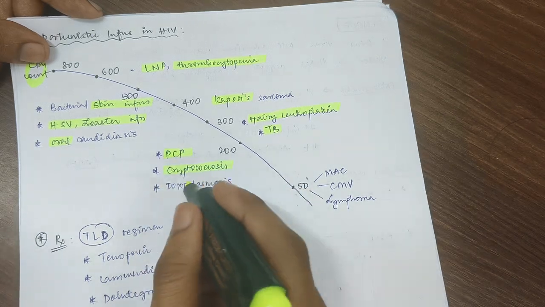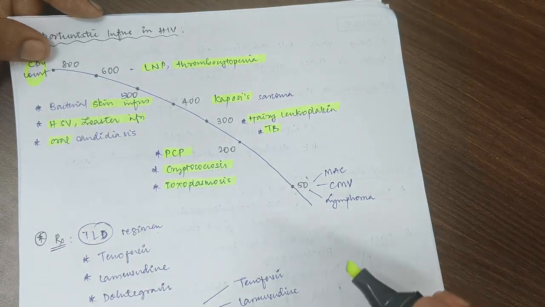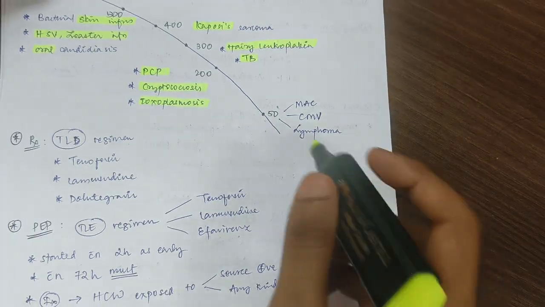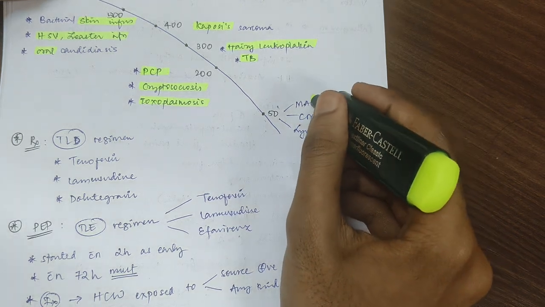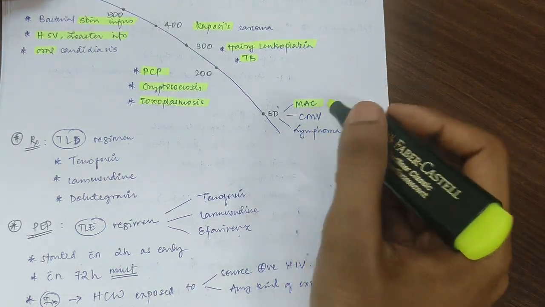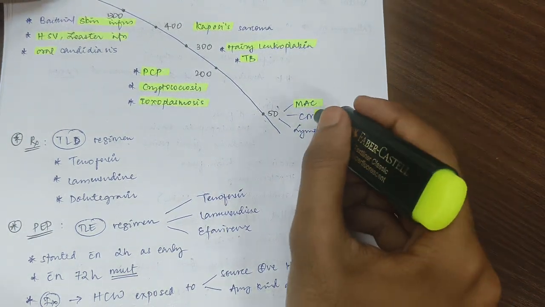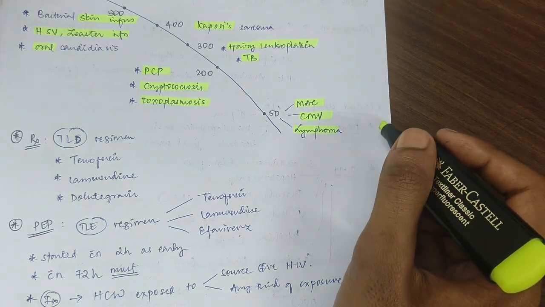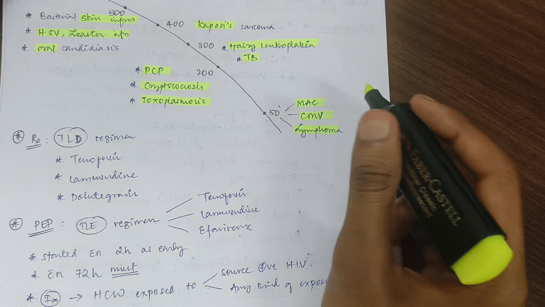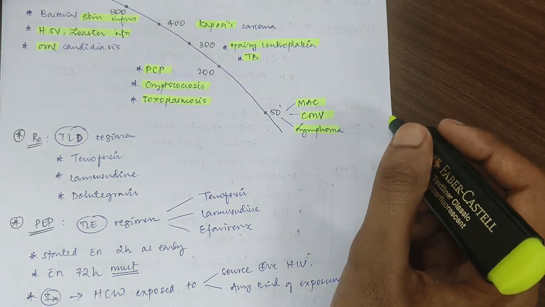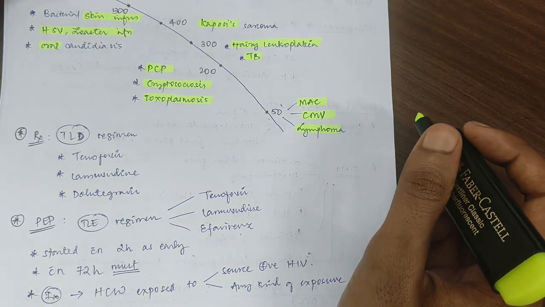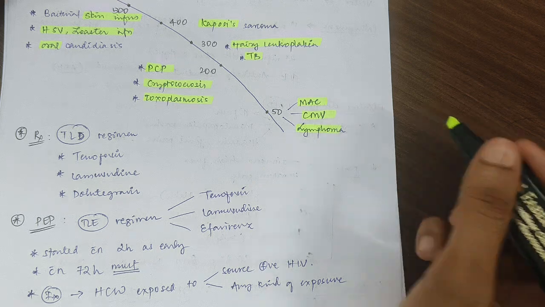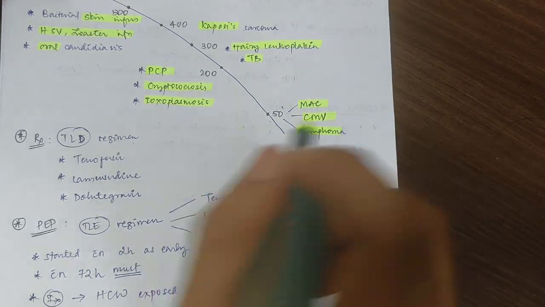Then cryptococcosis and toxoplasmosis are seen. Ultimately, at the last, that is 50, you're going to see MAC, that is Mycobacterium avium complex infection, CMV and lymphoma. These are seen at the last. Primary effusion lymphoma because of Kaposi's sarcoma also. Then so many other things, adult T-cell lymphoma, which is caused by HTLV-1.